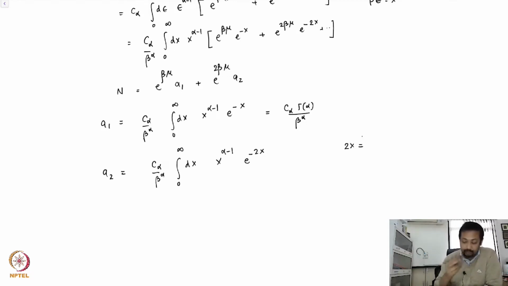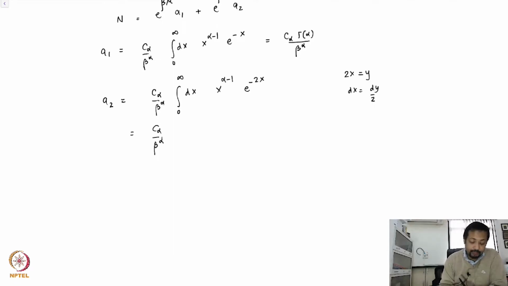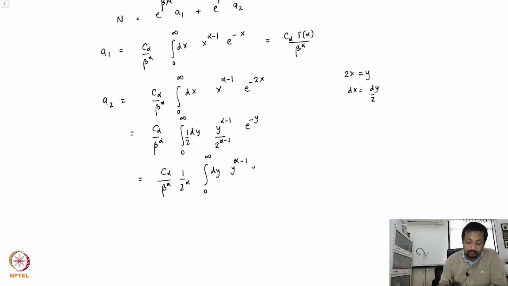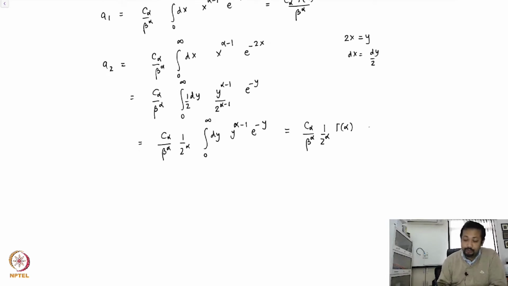Once again, we make the substitution 2x equal to y, in which case dx is going to be dy by 2, and I have C_alpha beta to the power alpha, integral 0 to infinity dy with a half factor in front of it. x is y over 2, so y to the power alpha minus 1 over 2 to the power alpha minus 1, e to the power minus y, so that I have C_alpha beta to the power alpha, 1 over 2 to the power alpha, integral 0 to infinity dy y to the power alpha minus 1 e to the power minus y, and this gives me C_alpha beta to the power alpha, 1 over 2 to the power alpha times gamma(alpha), which I observe is a1 divided by 2 to the power alpha.